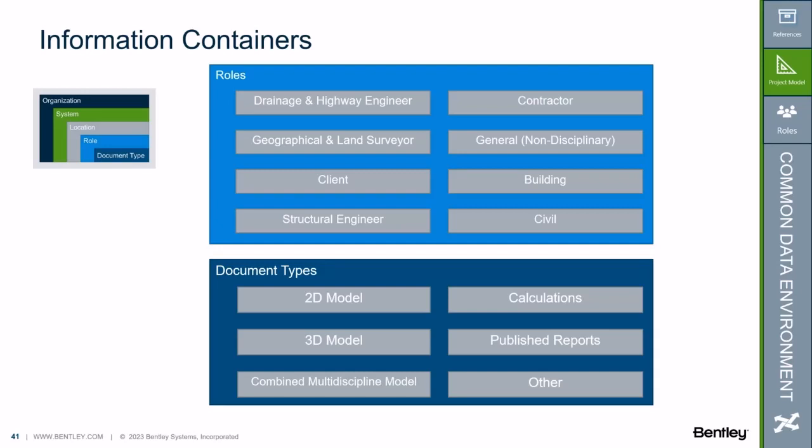Some typical roles are drainage and highway engineer, structural engineer. Those are definitely ones that we had in this project. We also have different document types, like a 2D or 3D model, the combined multidiscipline model, reports, calculations, and others as well. Those are just some of the types.